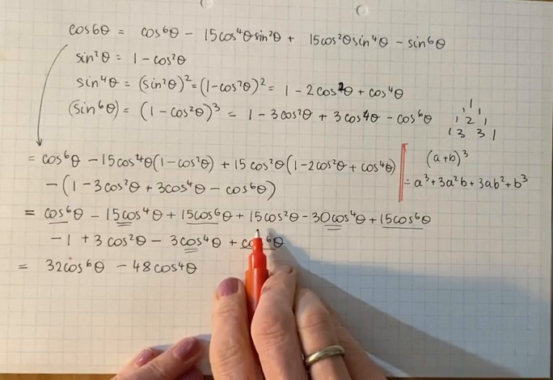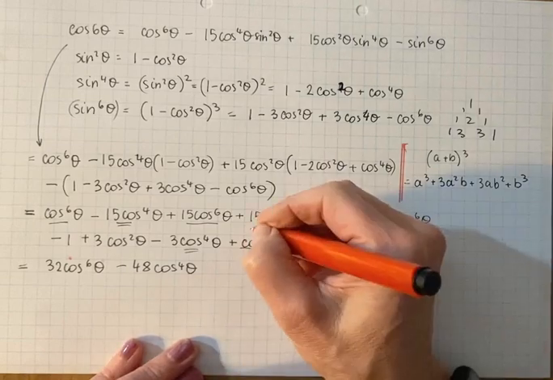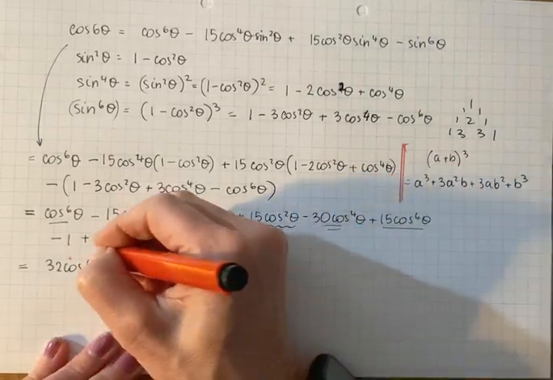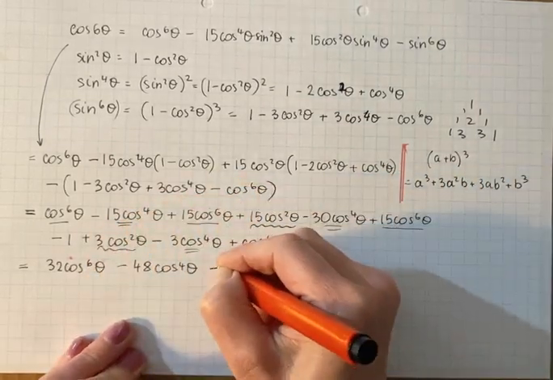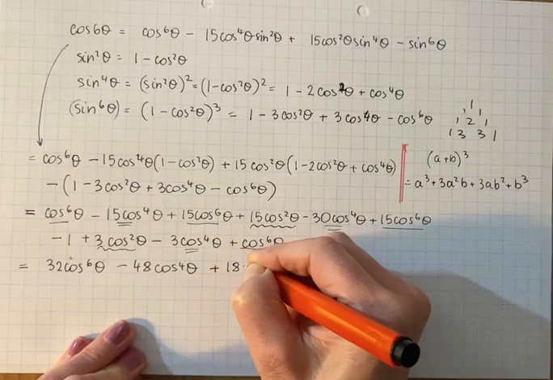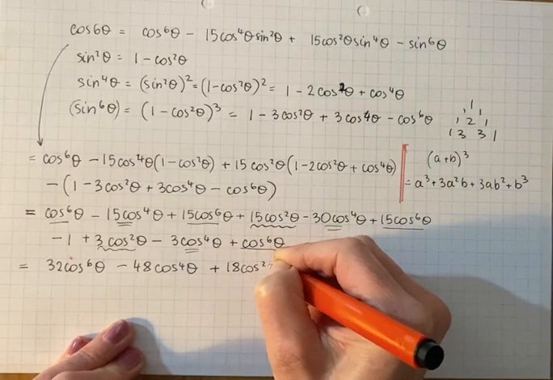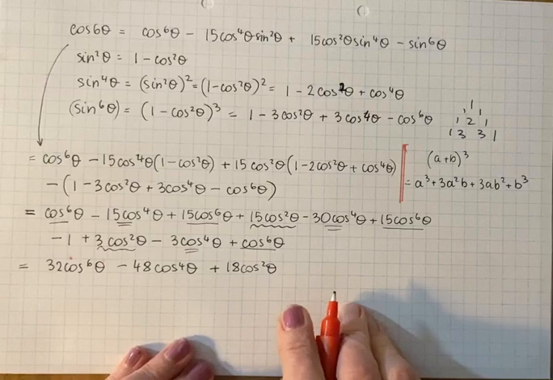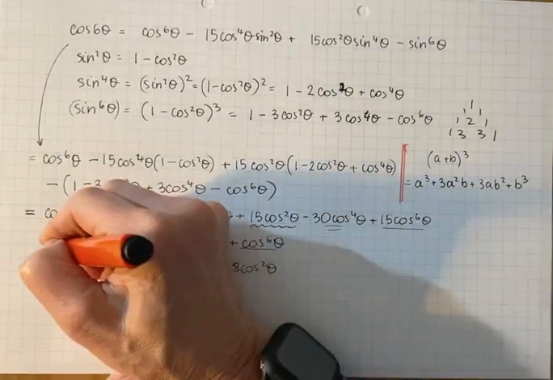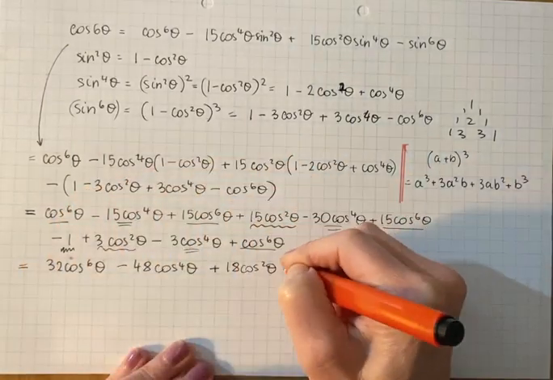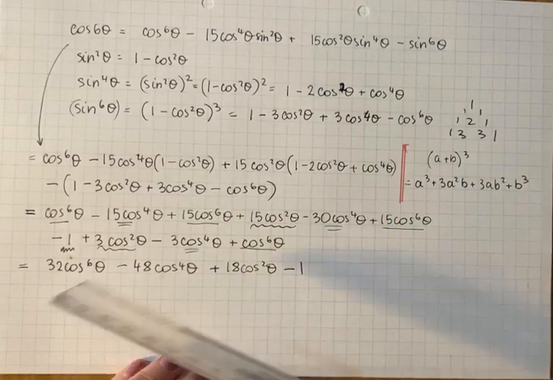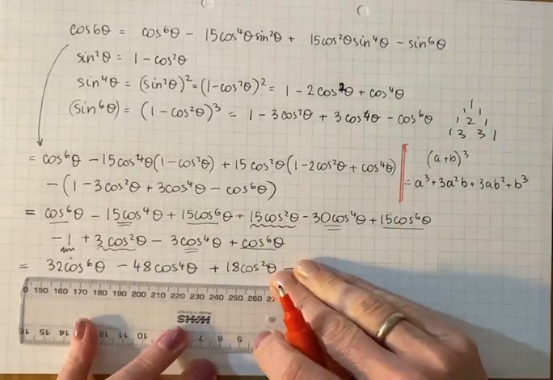We wanted 18 of them. We've got 15 over here and 3 more, so that is 18 cos squared theta, and we should be left with minus 1, and we are. So this has been proven as required.